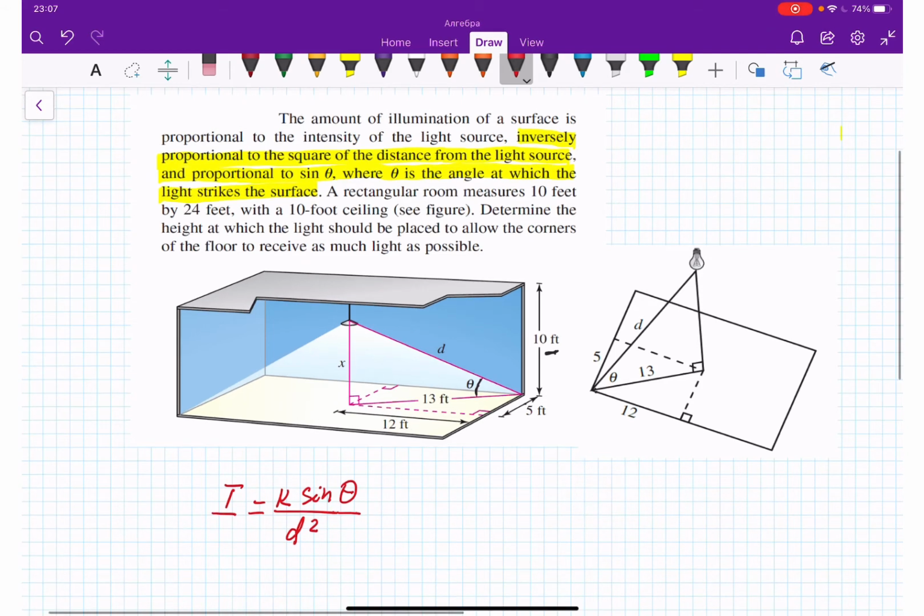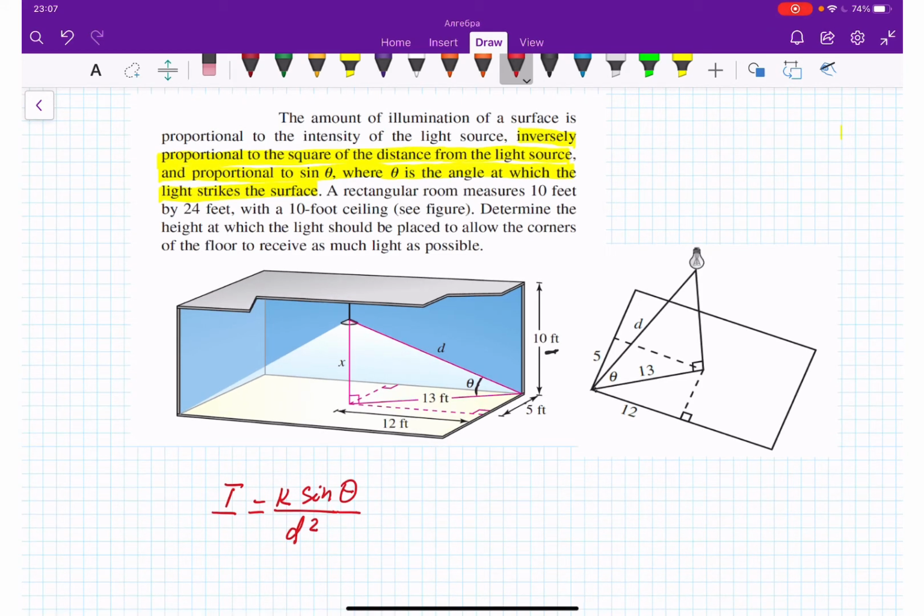All right, so a rectangular room measures 10 feet by 24 feet. So 10 feet, it's 5 feet to the center, halfway. And so this is going to be 10 feet from here to here, 10 feet.